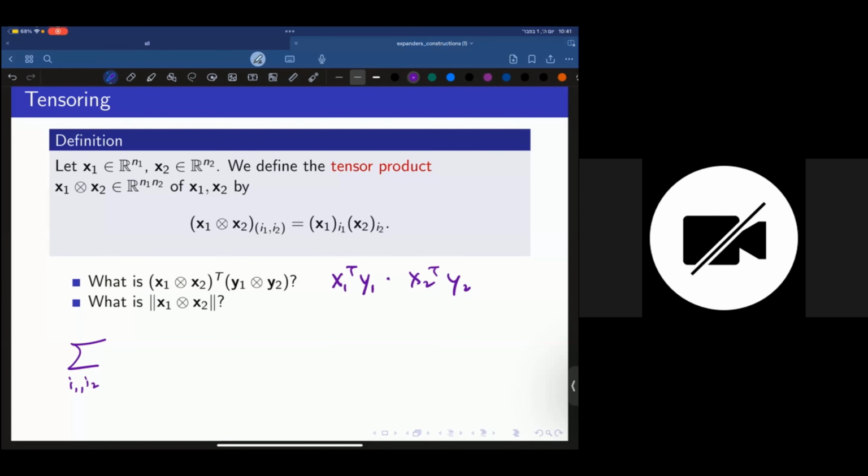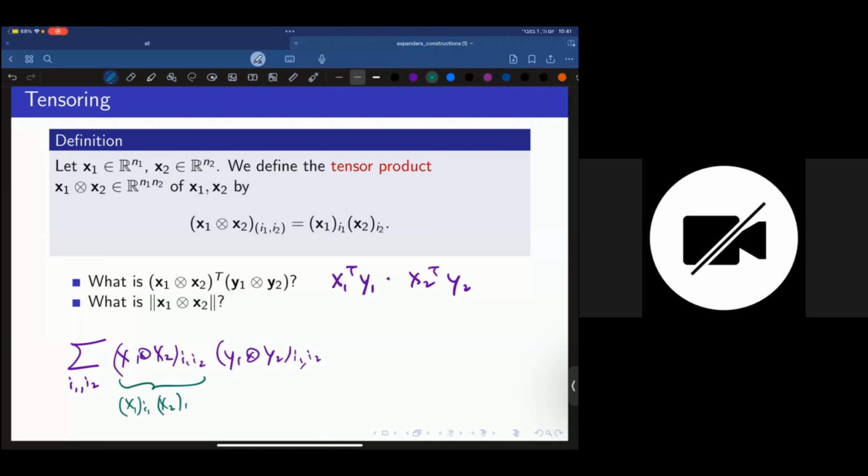These two numbers. So now I write just the definition at I1, I2. That's the first vector at that index, that's the second vector at that index. But then you recall the definition that the tensor vector at that index is nothing more than the product of the individual vectors. Again, that's a non-insightful way of proving things.